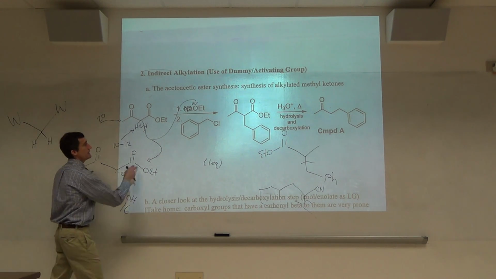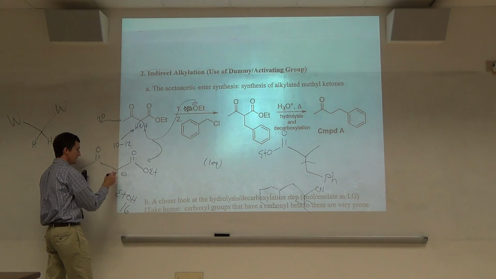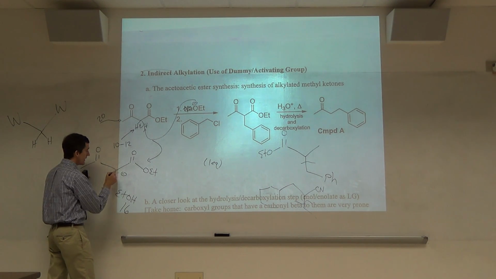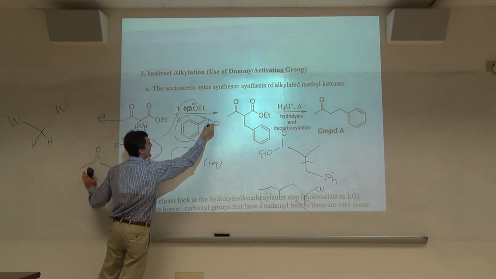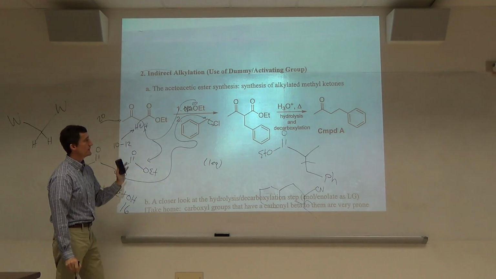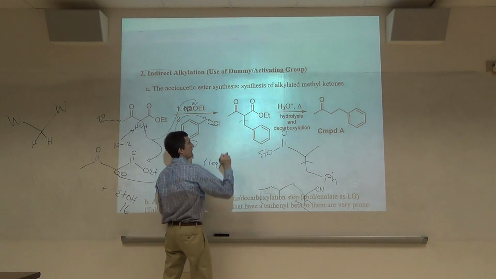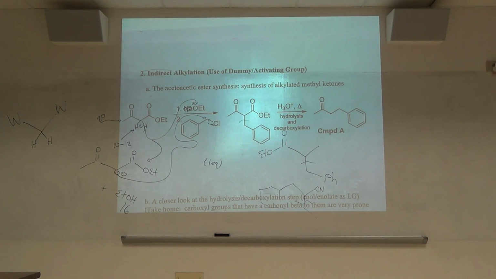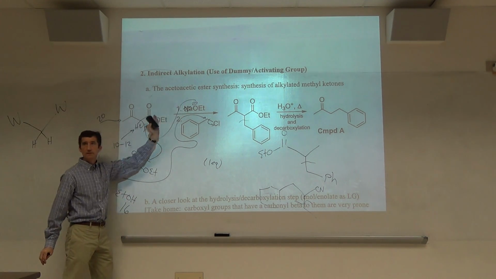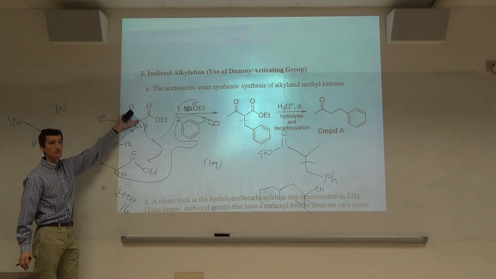We can do this. Now we throw in a carbon electrophile. Did I say that right? And we do our reaction, and what do we get? We get that there. The only difference than before is we're able to use an oxygen anion base. Why? Because that's more acidic.